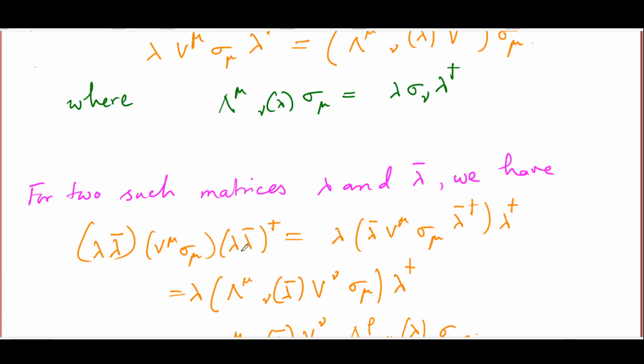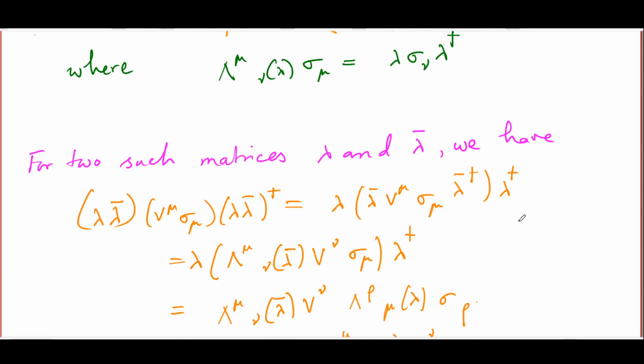To see this, let's try to calculate lambda lambda bar V mu sigma mu lambda lambda bar dagger, using the fact that lambda lambda bar dagger is lambda bar dagger lambda dagger and the associativity of matrix multiplication. We can carry out the lambda bar V mu sigma mu lambda bar dagger transformation first, then carry out the lambda, lambda dagger transformation on that.